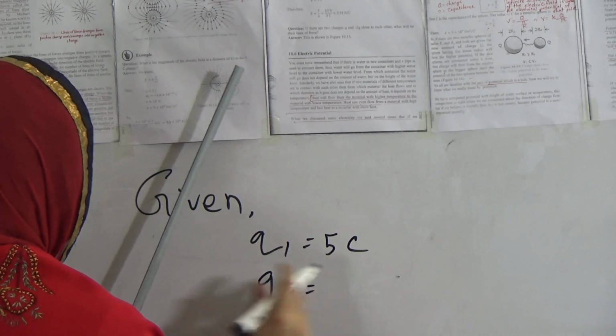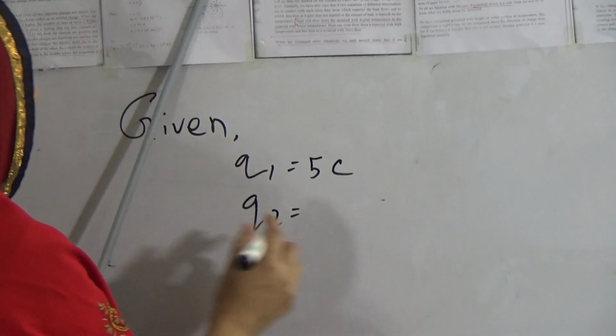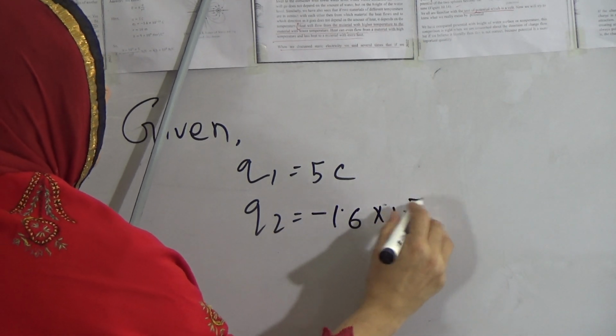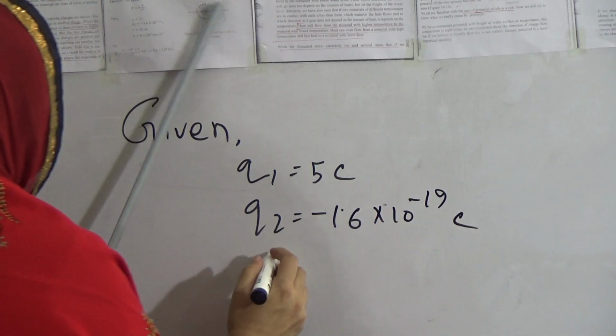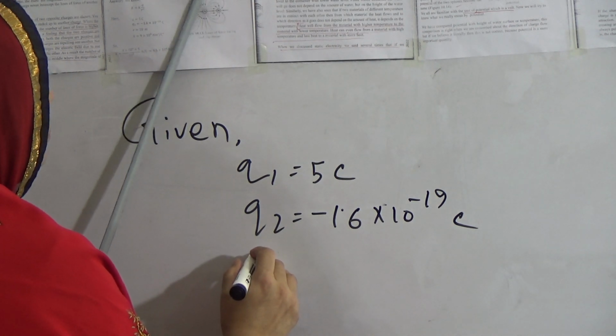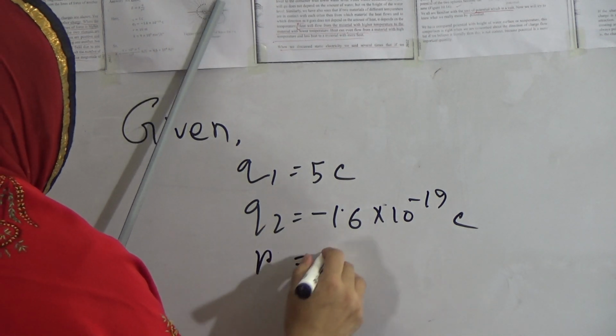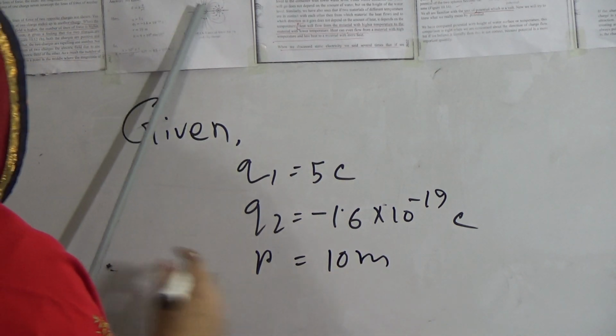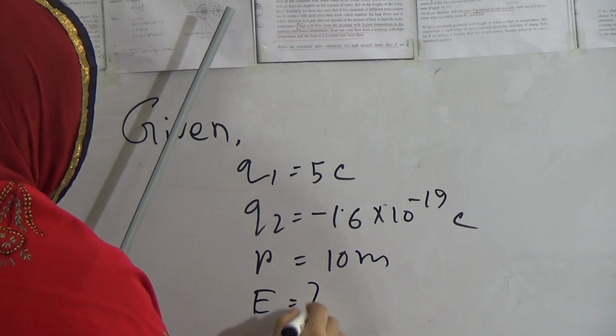For the Q2 charge, we know the charge of an electron is minus 1.6 into 10 to the power minus 19 coulomb. Here the distance between these two charges, r, is given as 10 meters, and we have to find the magnitude of the electric field, that is, E equals what?